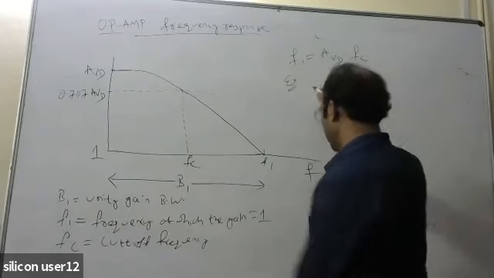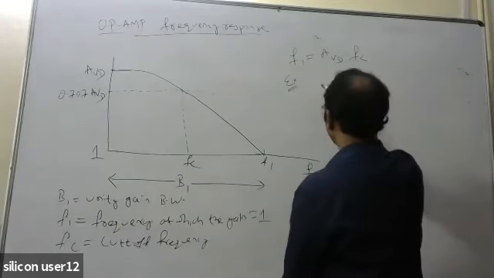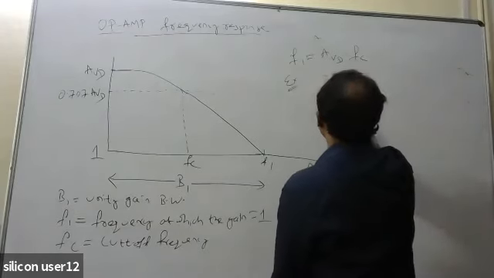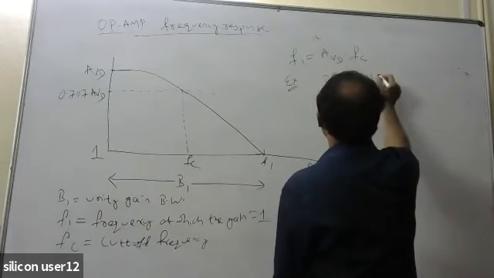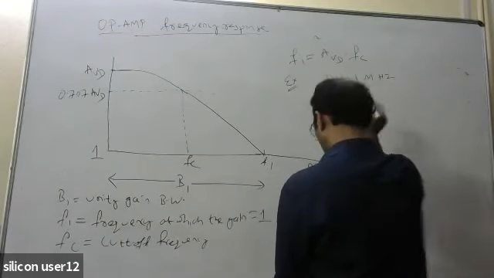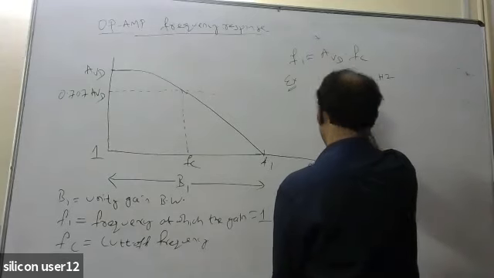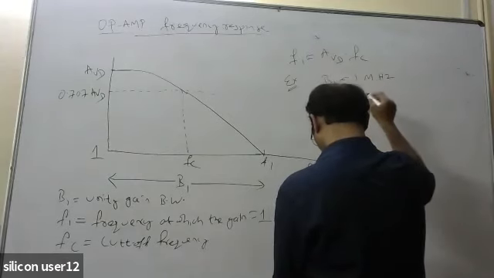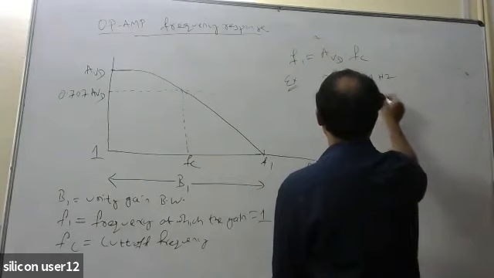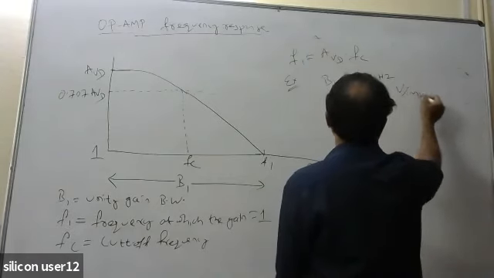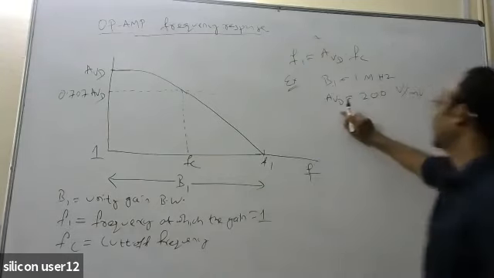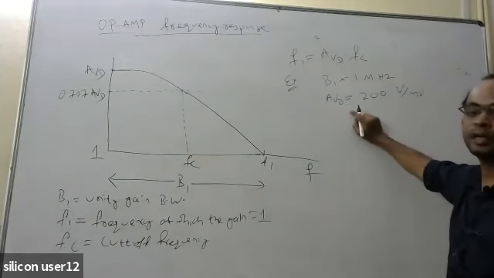So just one example. Let us say B1 is given as 1 megahertz, AVD equal to 200 volts per millivolt. Look at here. Gain means output voltage by input voltage.